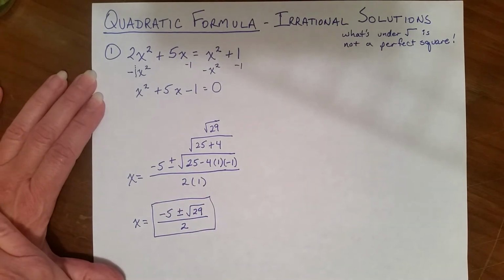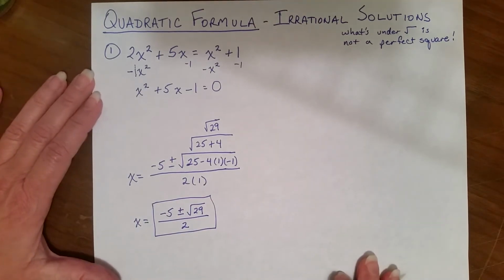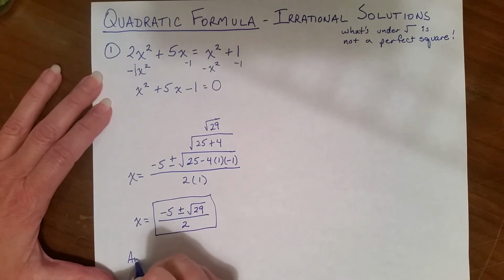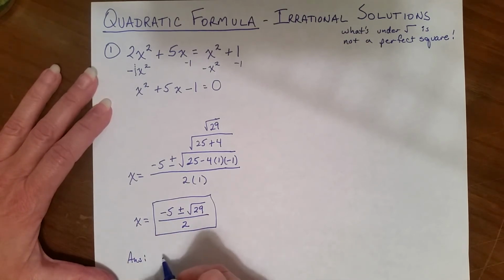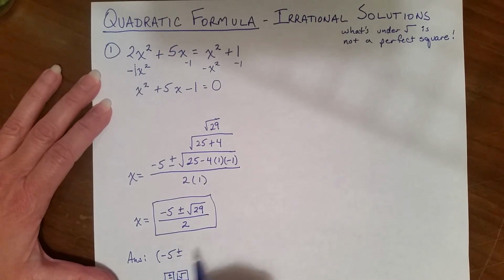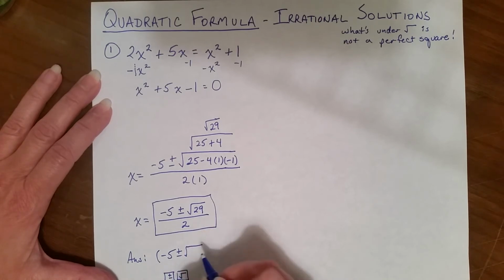Now when you put it in Delta Math, so that it understands that the numerator is together, when you write in your answer, in parentheses put the numerator, negative 5 plus or minus, and then call up that square root key. And you'll also, of course, call up the plus or minus key. Negative 5 plus or minus the square root of, type in 29, and then close parentheses.